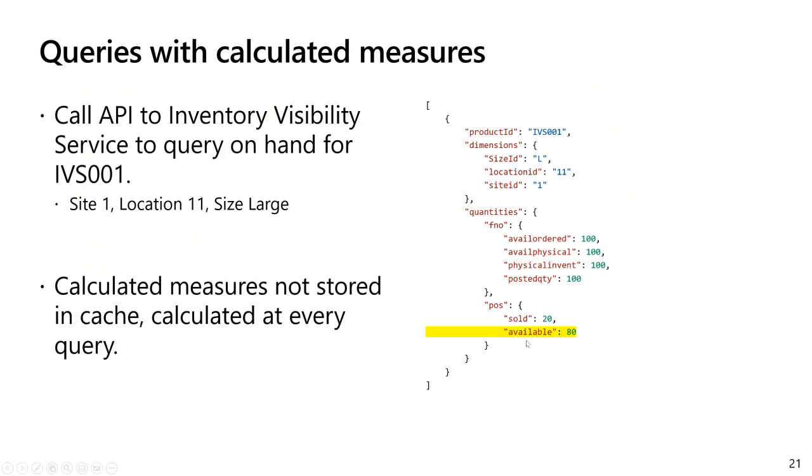From the response body itself, we do not know whether the value returned is a physical measure or a calculated measure, as the values are put together. One thing to notice is that the calculated measures are not stored in the in-memory cache, but calculated on an ad hoc basis at every query. We do this to save the memory consumption of inventory visibility service.